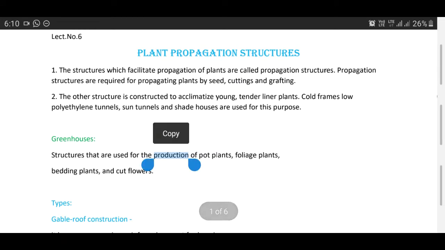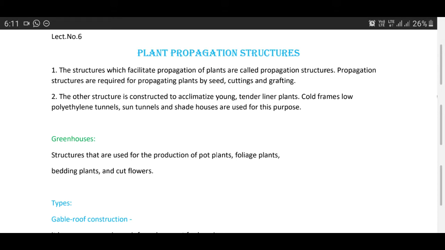Greenhouses. Greenhouse is a broad term under which many structures come. Suppose you are using polythene sheet as covering material, then such a structure is known as a polyhouse. If you are using fiber sheet, then such a structure is known as a fiber house.